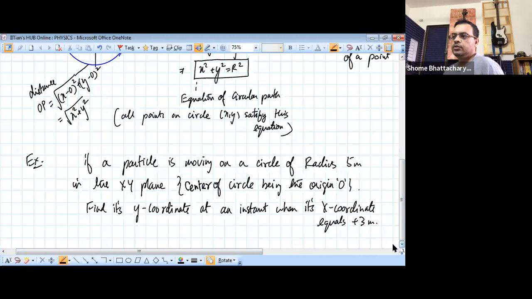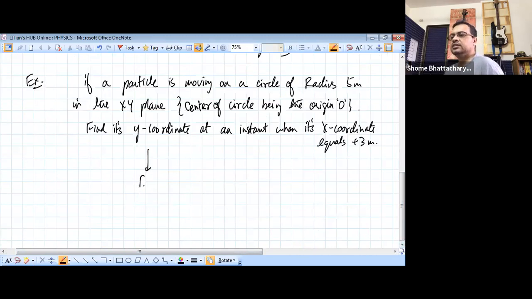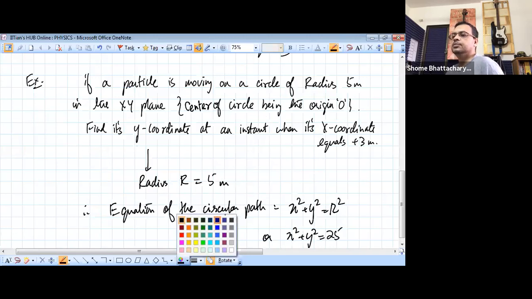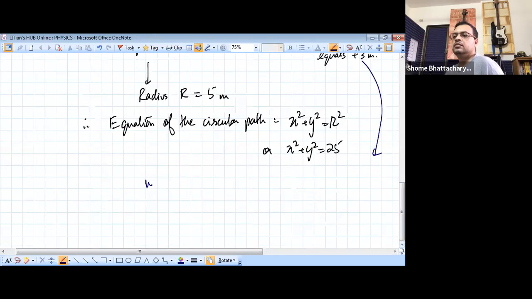So basically, what we know here is that the radius r is equal to 5 meters. Therefore, the equation of the circular path will become x square plus y square is equal to r square, or x square plus y square is equal to 25. Now we'll bring in this particular specific thing. When x is equal to 3, you have to find the value of y.